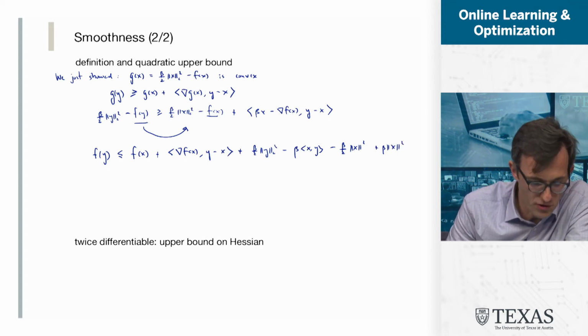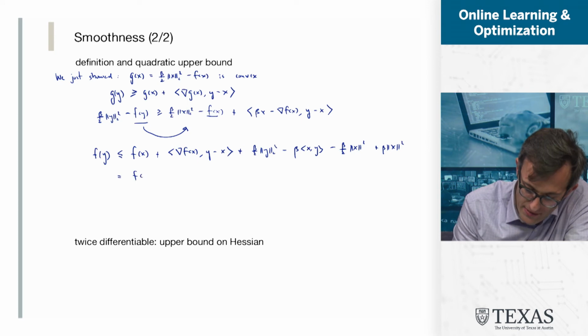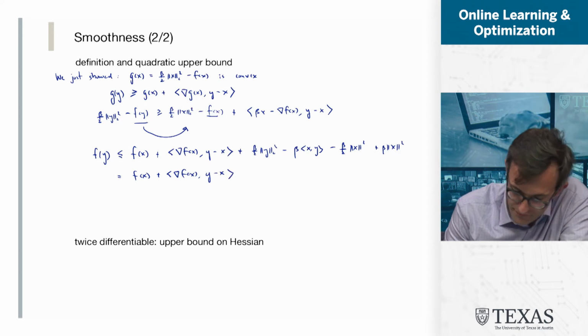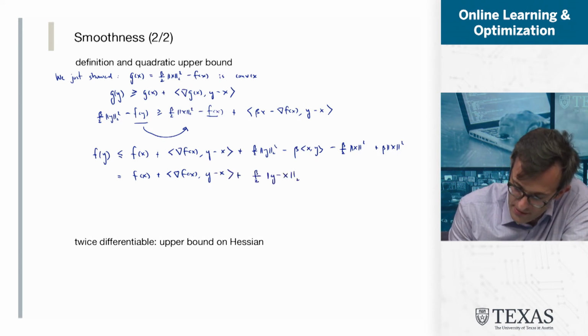And grouping all these terms, you see that what I have on the right is just f of x plus gradient of f of x times y minus x plus beta over 2 times y minus x squared.